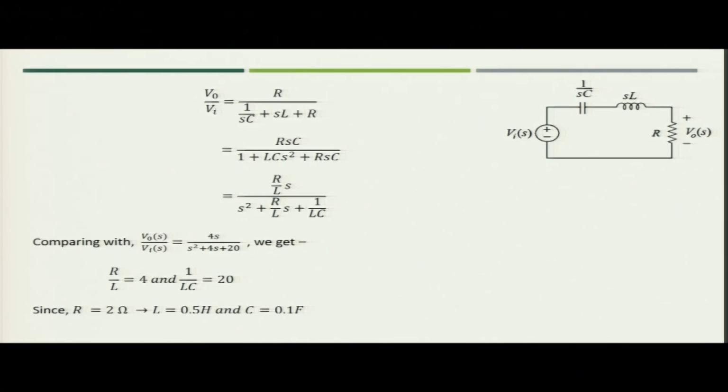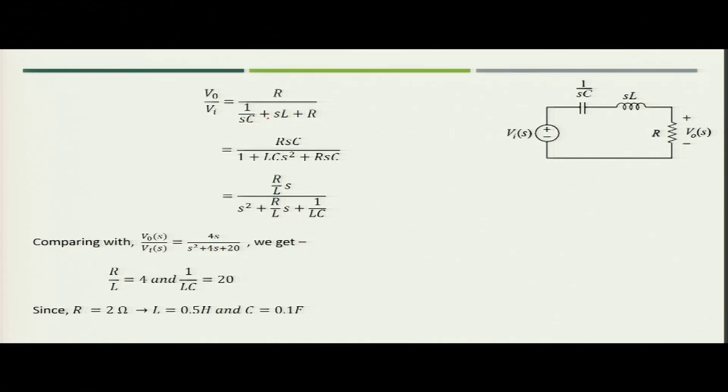When we write the loop equation and rearrange the voltage across R in terms of Vi, we can write V naught by Vi as R, because voltage V naught is across R, divided by all three series components.